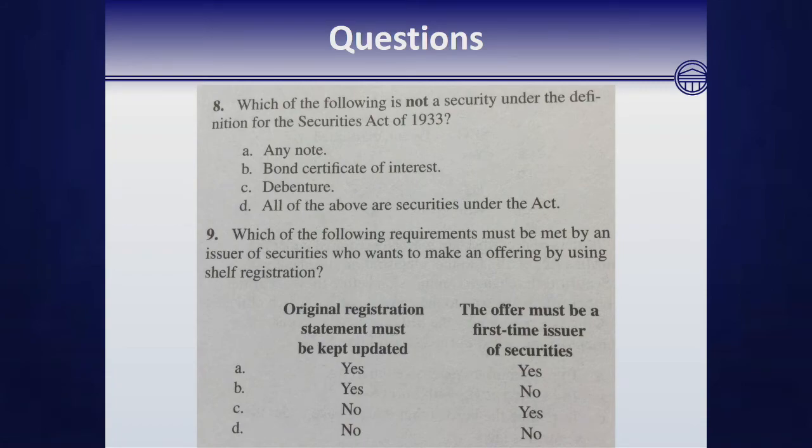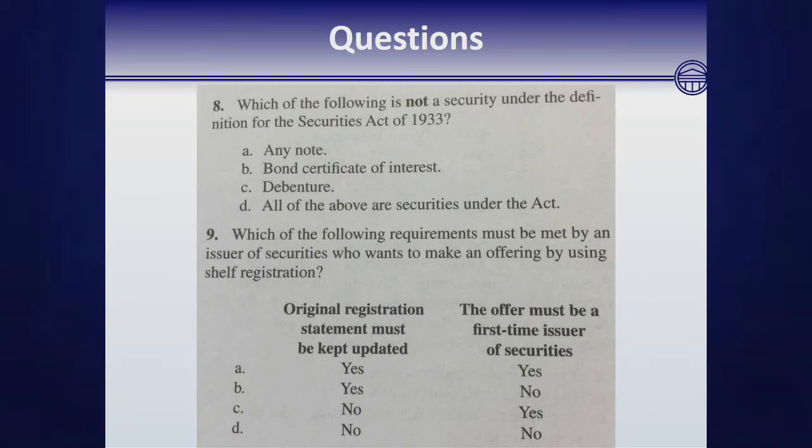And then 9, which of the following requirements must be met by an issuer of securities who wants to make an offering by using a shelf registration? Well, with a shelf registration, the actual issuance is going to take place over a long period of time. And so the original registration statement must be kept updated, and the answer is yes, it does need to be kept updated.